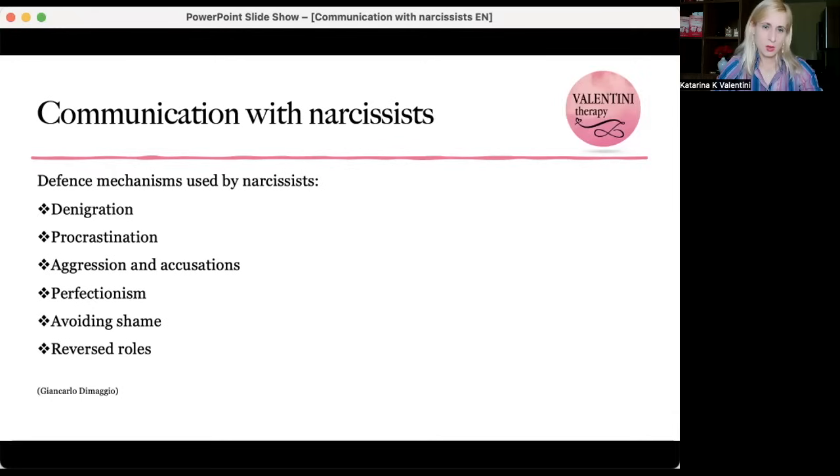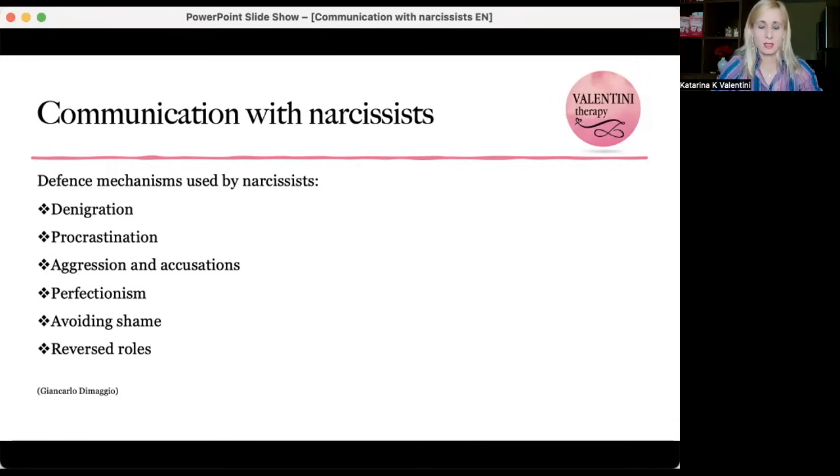Perfectionism, that is also a diversion strategy, I would say, because they will not discuss a specific subject unless they know everything about it. They need to be in control of the conversation, so they will strive for perfection in communication as well. They tend to avoid shame because they don't like to be shamed.